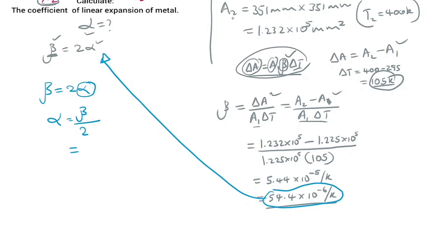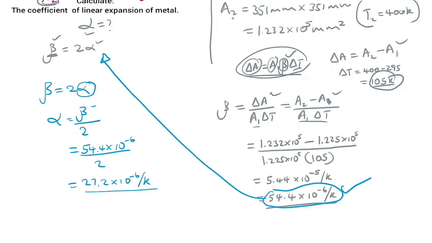Let us substitute. We've got it now. It is 54.4 times 10 to exponent negative 6 divided by 2. This is going to give the final answer to be 27.2 times 10 to exponent negative 6 per Kelvin. That is the coefficient of linear expansion that we were required to find from the problem.